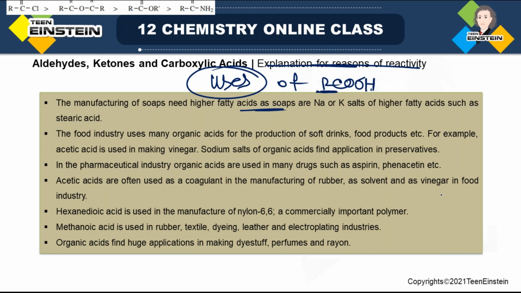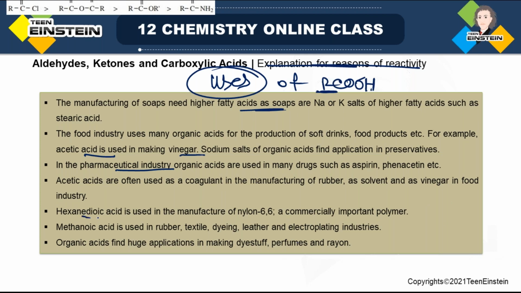Then the food industry also makes use of it. For example, acetic acid is used for making vinegar. Sodium salt of an organic acid, where a benzene ring will be present in the R part, has application in preservative formation. Then in the pharmaceutical industry, different drugs are produced. Acetic acid has so many applications.